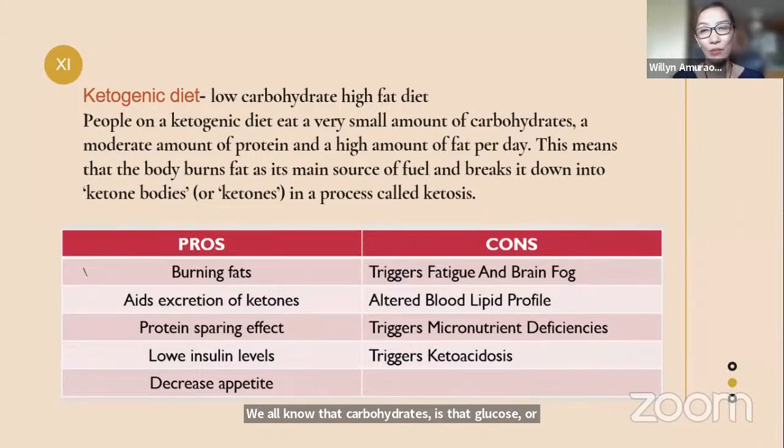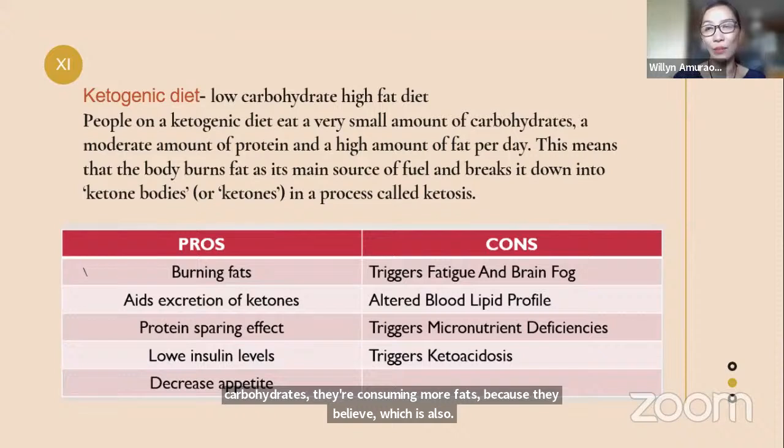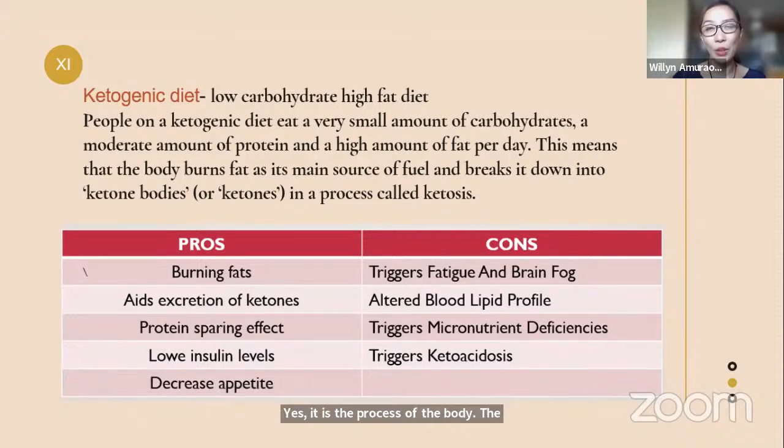But in exchange for carbohydrates, they are consuming more fats, because the fats will be converted into glucose. It will be converted into energy that the body needs. Okay? So cons, or I'm sorry, triggers.